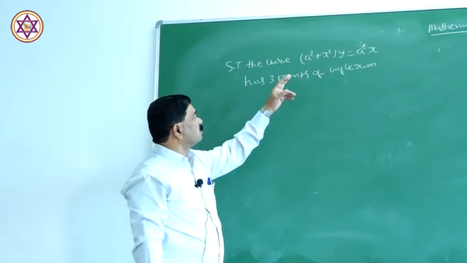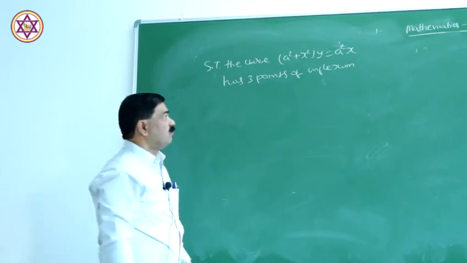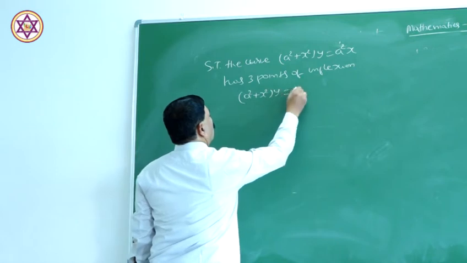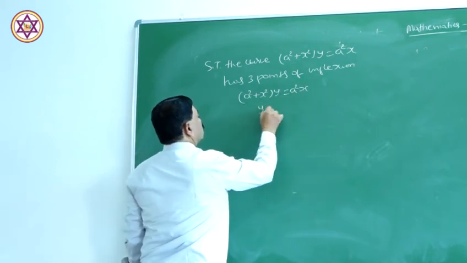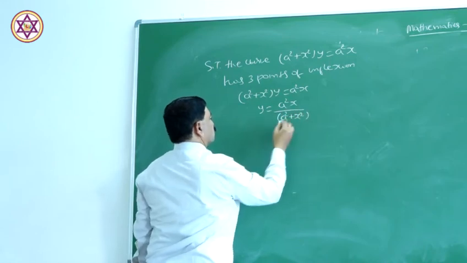Show that the curve y is equal to a squared x divided by a square plus x square has 3 points of inflection. So y is equal to a squared x by a square plus x square.